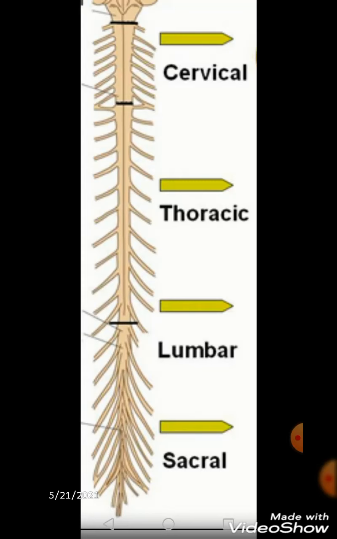Here the lower spinal nerves form an angle, and in the vertebral canal they appear like a collection or wisps of hair, you would say, and they are known as cauda equina, which means like a horse tail, right?